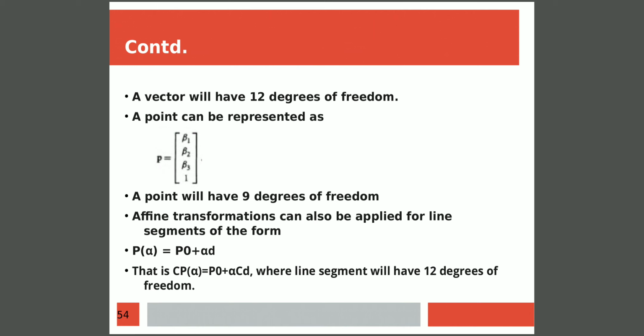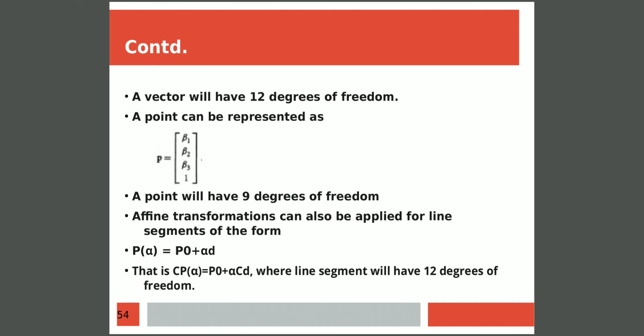Affine transformation can also be applied to line segments, which are of the form P of alpha equal to P naught plus alpha into D. When we apply affine transformation, this line segment can be represented as C into P of alpha equal to P naught plus alpha into CD, where C is a matrix which is used to perform the transformation operation.